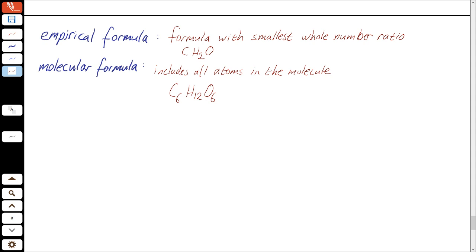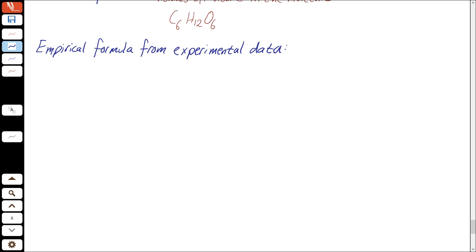Experimentally, you can find the empirical formula. You can use a technique called elemental analysis to actually figure out the percents of each element in a compound.